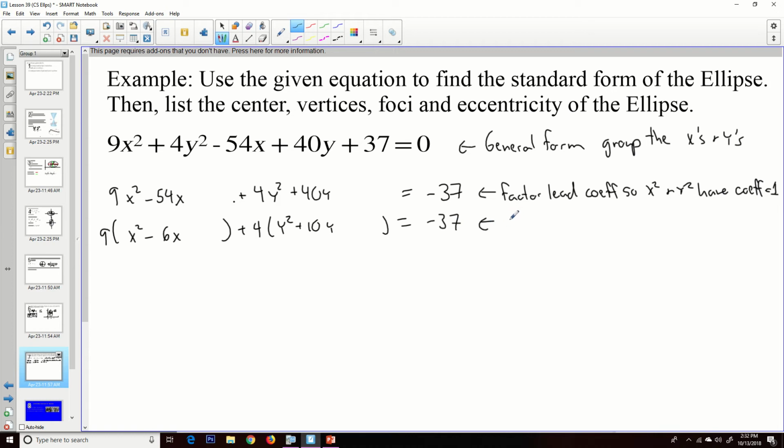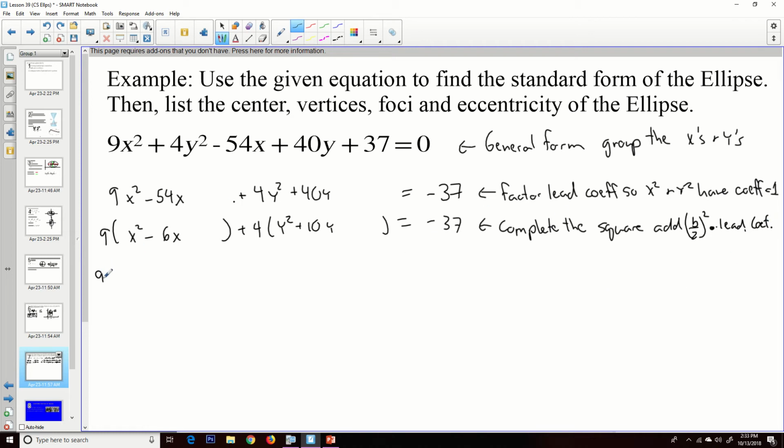So let's say we're going to complete the square. And we need to add b over 2 squared times the leading coefficient. We need to add those to both sides.